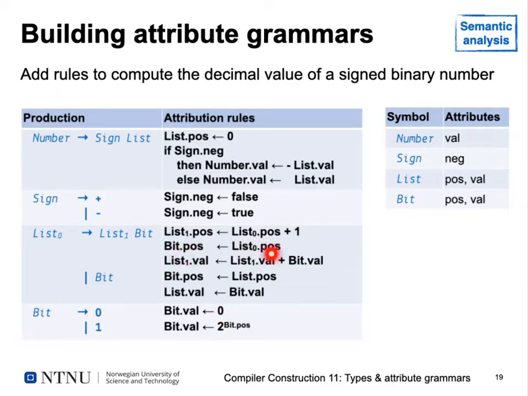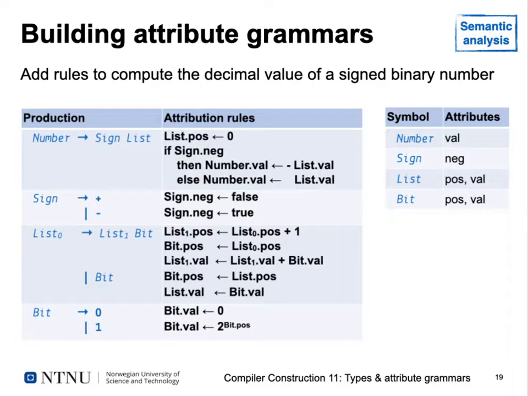But since we kept a trace of the current position in our list, which means the number of the bit we're recognizing in our binary string, if we recognize a 1, we don't return a 1, but a power of 2, exactly the power of 2 for the bit position where this 1 shows up. If it shows up on the rightmost bit, we return 2 to the power of 0, or 1, and for bits further to the left we return 2, 4, 8, and so forth.